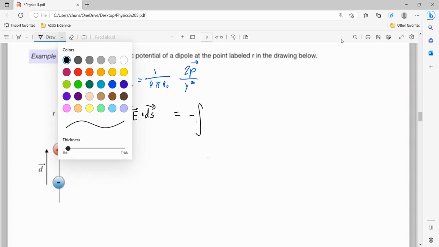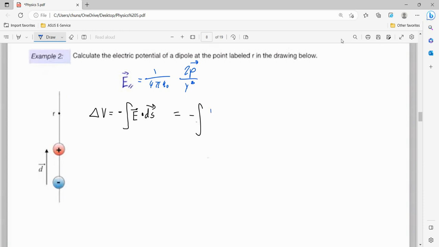So if we put our value for E in there, this is 1 over 4 pi epsilon 0 times 2p over y cubed. And our bookend in this case would be dy because we are only traveling in the y direction along this axis. Okay, so this represents E here in blue. So we're going to kick out our constant. So this is negative 1 over 4 pi epsilon naught.